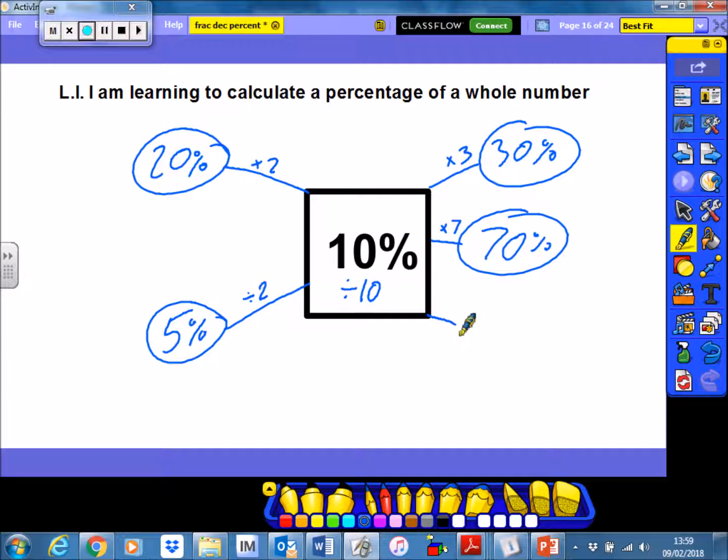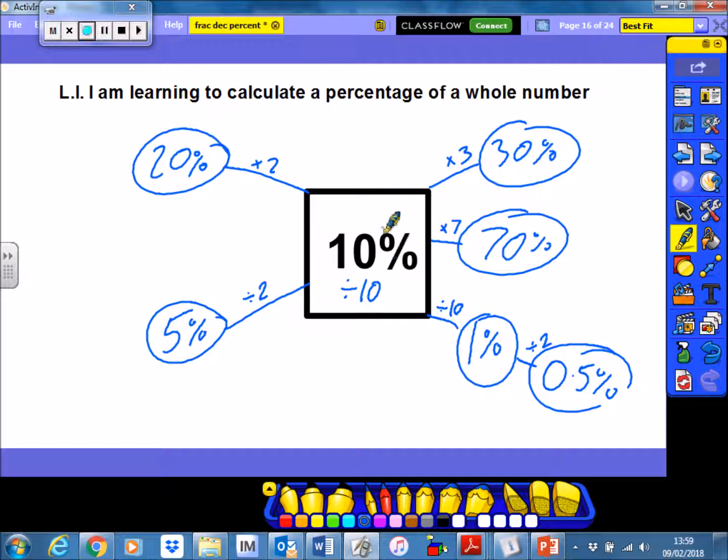I could work out 1% by dividing it by 10, because 1 is 10 times less than 10. I could even use that to work out half a percent, 0.5%, by dividing 1% by 2.